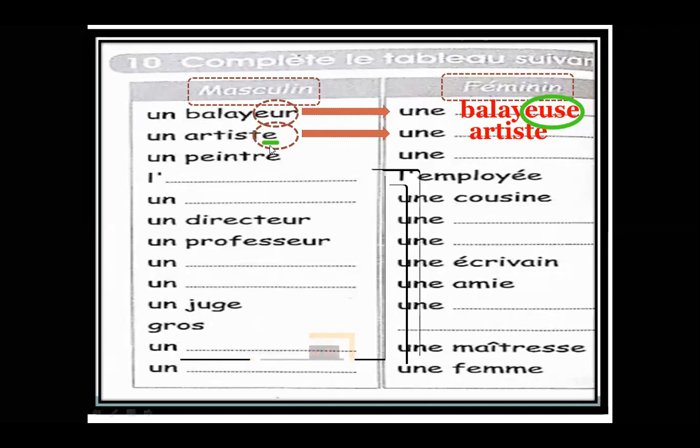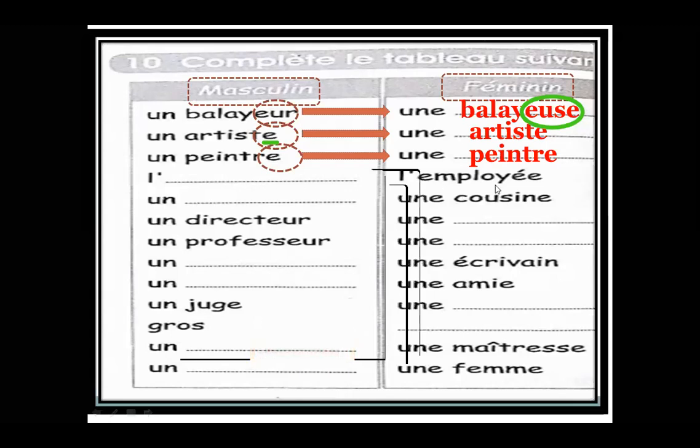No. So it is the same. Peintre, the painter, its féminin we will do nothing. It will stay the same.